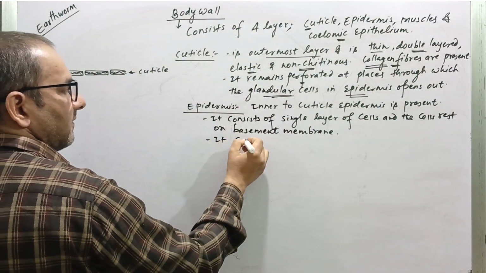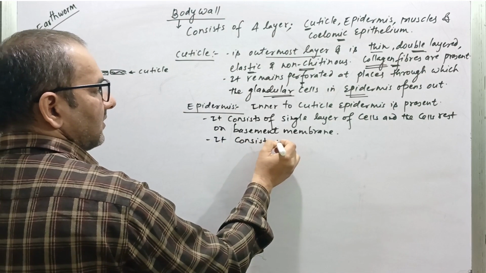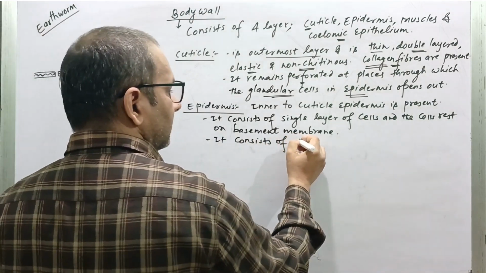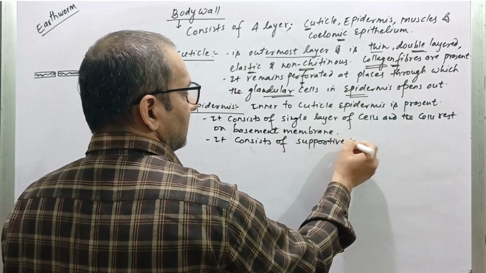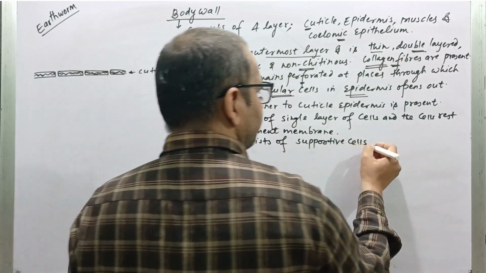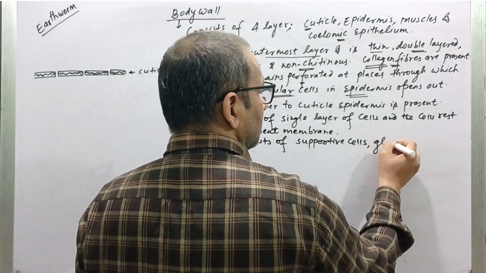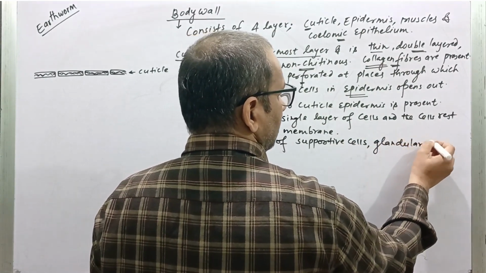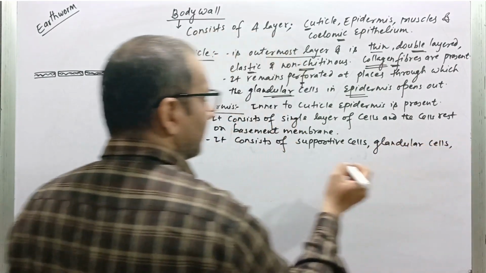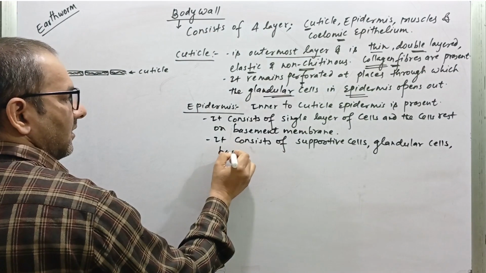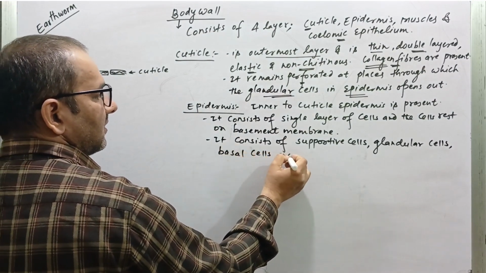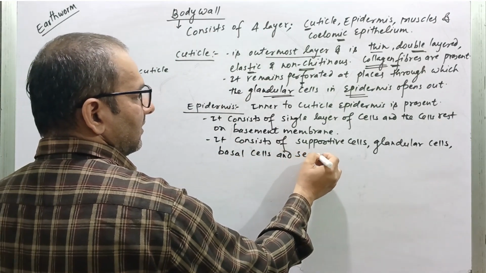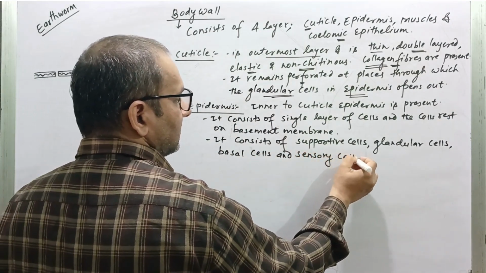It consists of supportive cells, glandular cells, basal cells, and sensory cells.